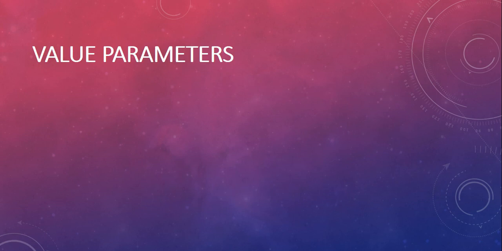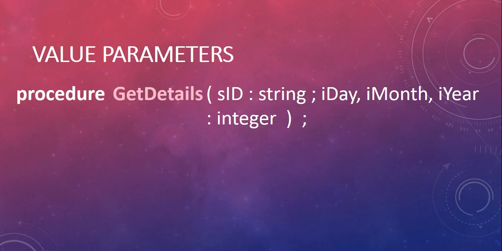So let's look at what value parameters are. We are going to create a procedure called getDetails. Now, if you remember the example we did with functions, I hope you remember the South African ID number: the first couple of digits represent the year, the month, and the day of the person who has that ID.